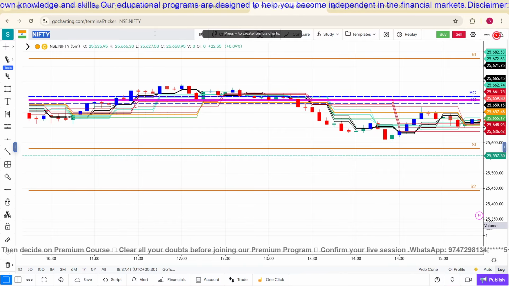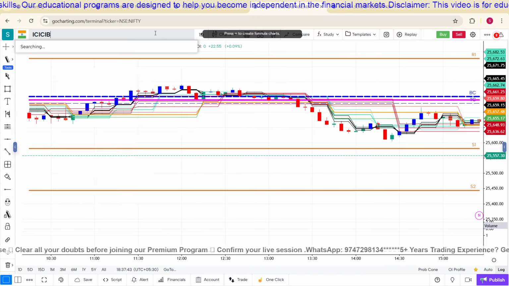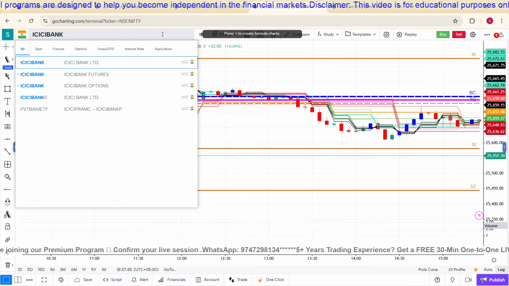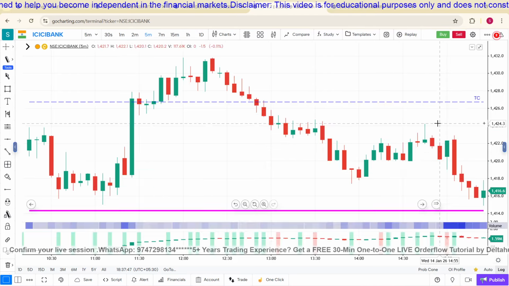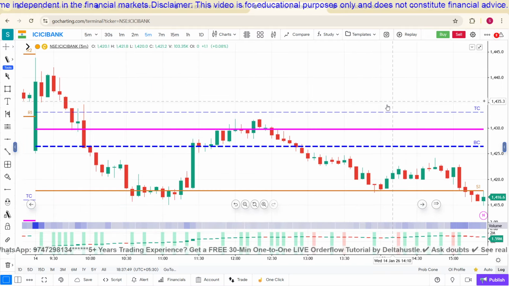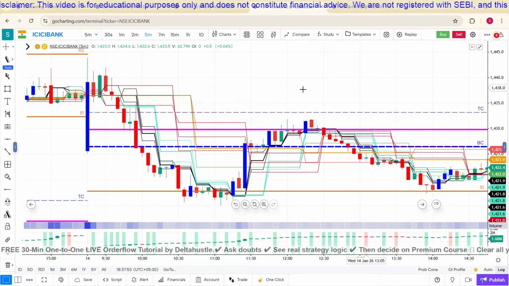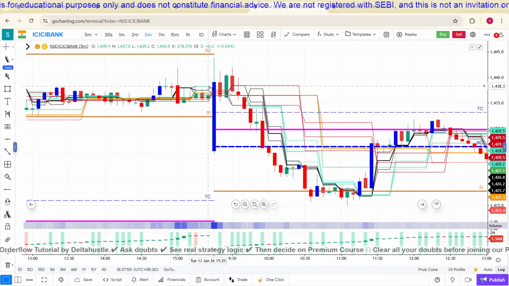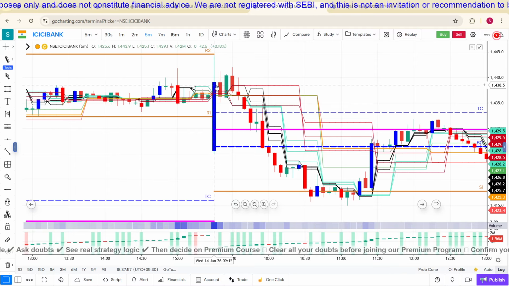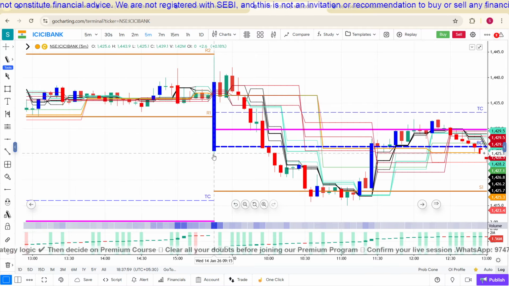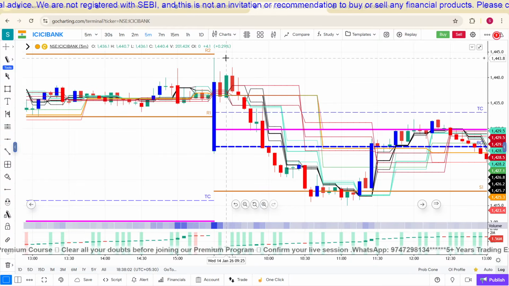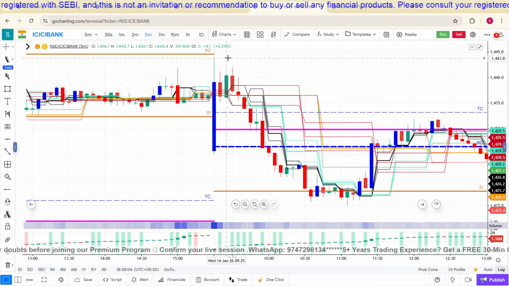What is that? ICICI Bank. First talk, I have some different time span. Anyway, we can do it with this one. See, today, Wednesday it is. It has opened here and the first 5 minutes candle closed here.